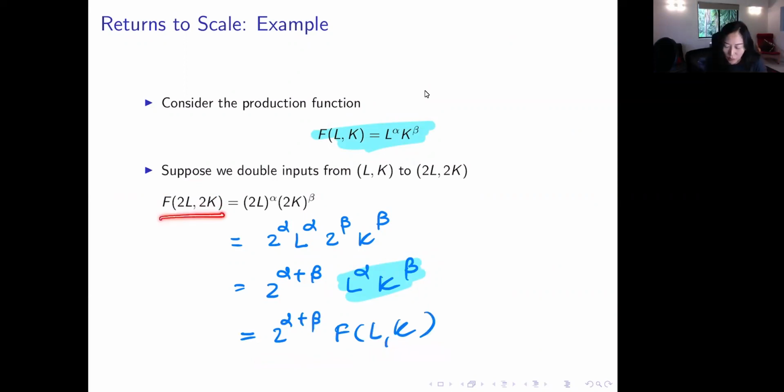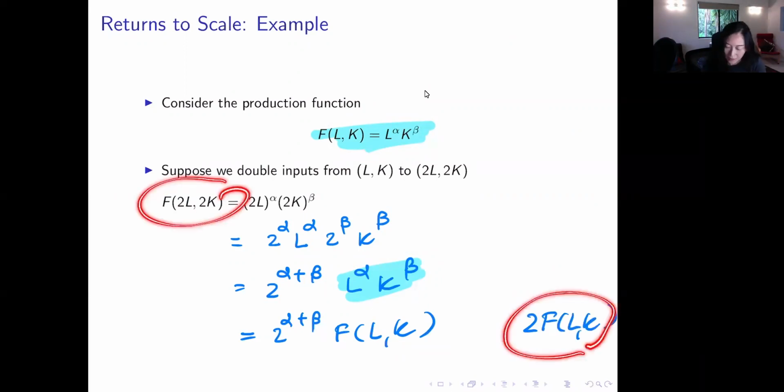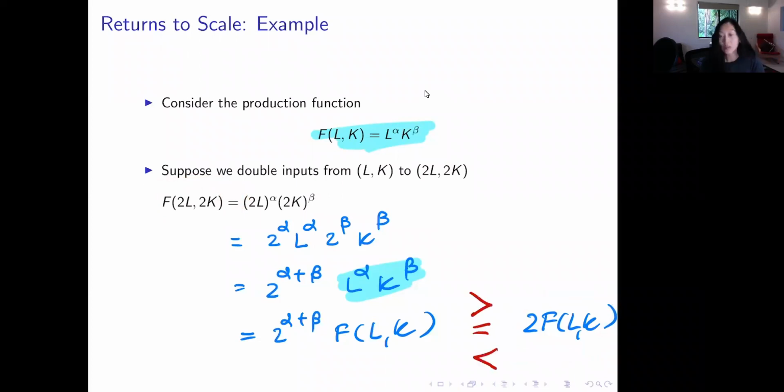You have F(2L, 2K), which is equal to this. Can we say anything when we compare this one to this one? Is it greater than, equal to, or less than? These two are the same, so the only difference is this. There are three possibilities here.